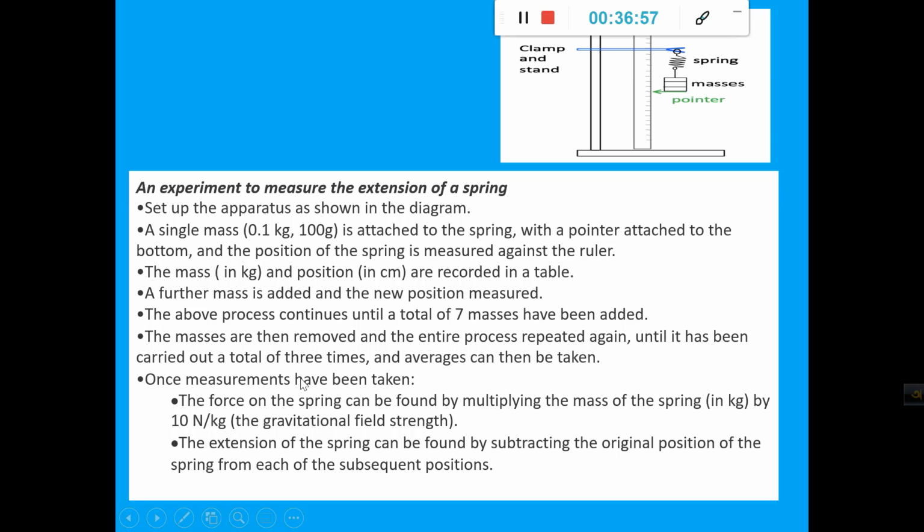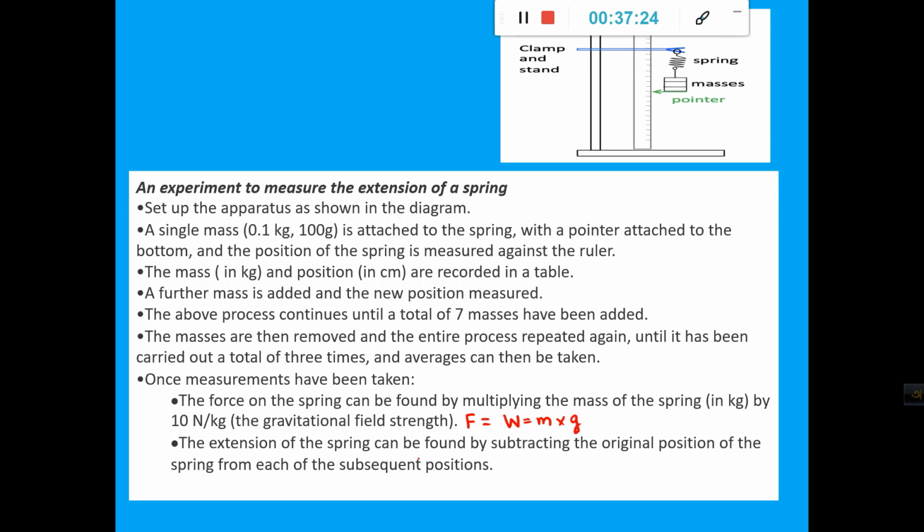Once measurements have been taken, the force on the spring can be found by multiplying the mass in kg by 10 Newton per kg, the gravitational field strength, small g. So W, that means force, equals m times gravitational field strength g.